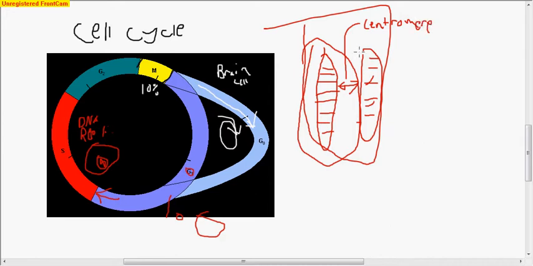Once these two chromosomes bond at the centromere, it's considered a duplicated chromosome, and each one of these different parts of this are called sister chromatids.